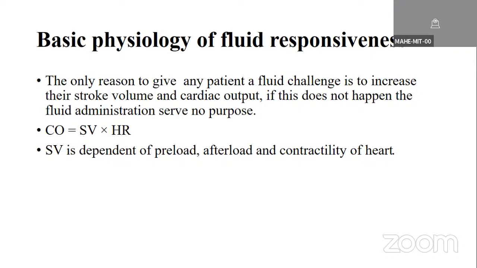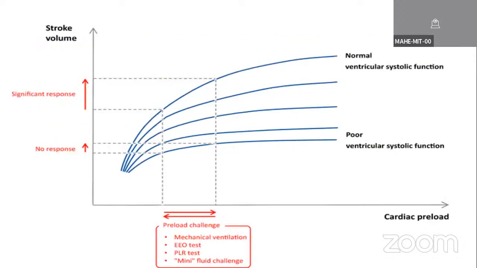If the fluid we have given doesn't increase the stroke volume or cause adequate tissue perfusion, then it doesn't serve the purpose. So the main thing is, if you give fluid, our aim is to increase the stroke volume and increase the tissue perfusion. Cardiac output can be measured with the help of stroke volume and heart rate, and stroke volume depends on the preload, afterload, and contractility of the heart.